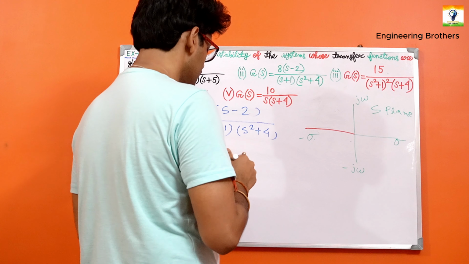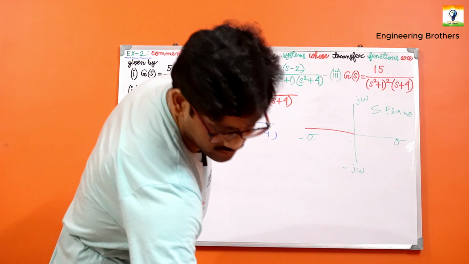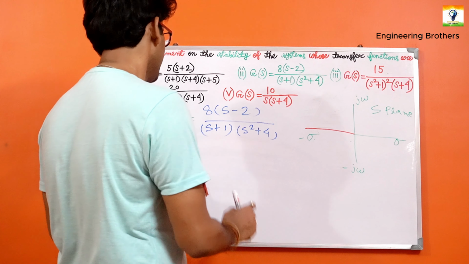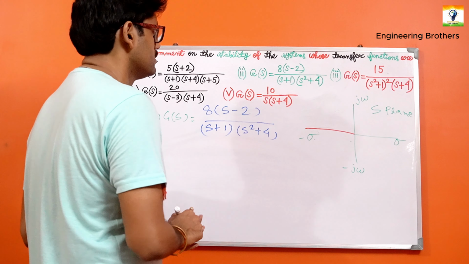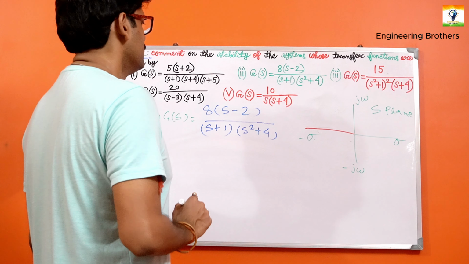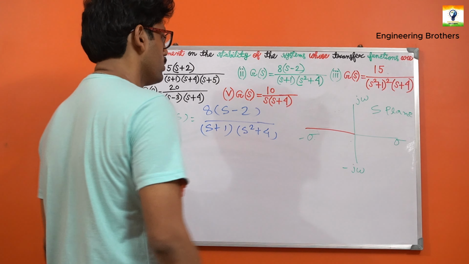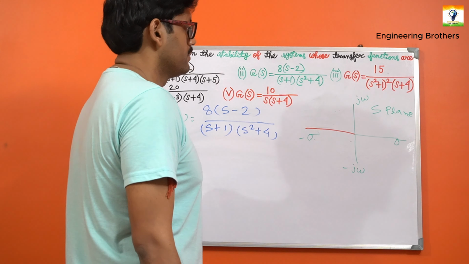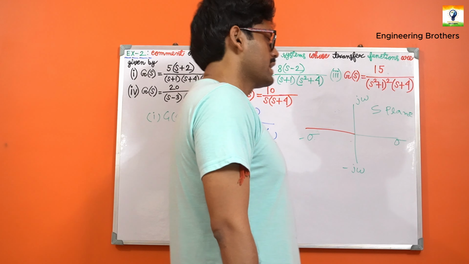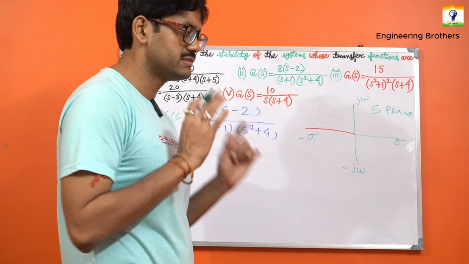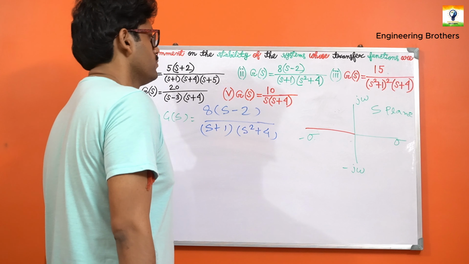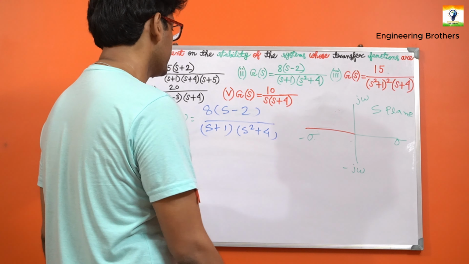Quite evidently, if you make the denominator equal to 0, we get the plots for our pole locations, and according to that pole location we can comment on our S plane, or on the exact stability of our system, whether the system is stable or not.